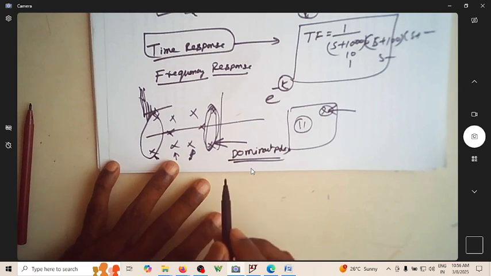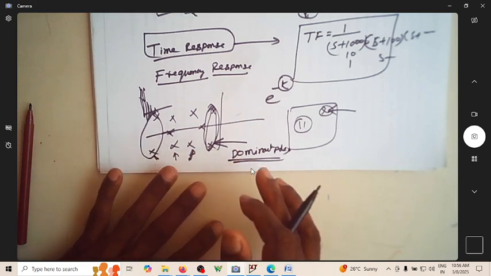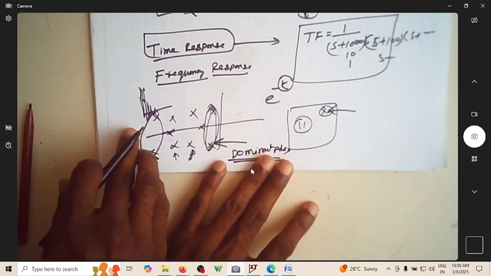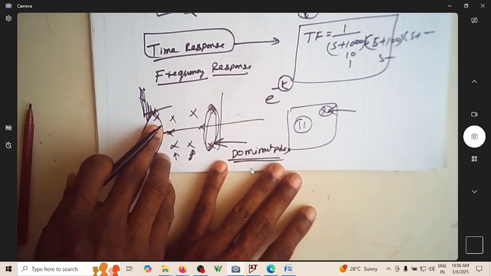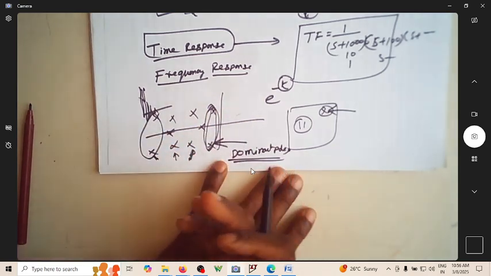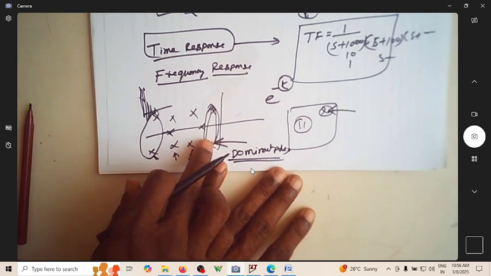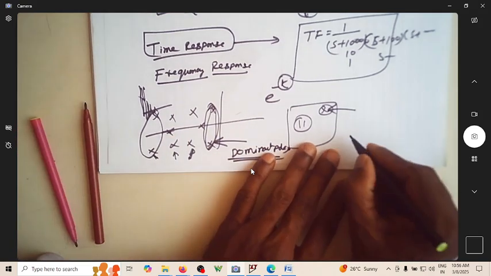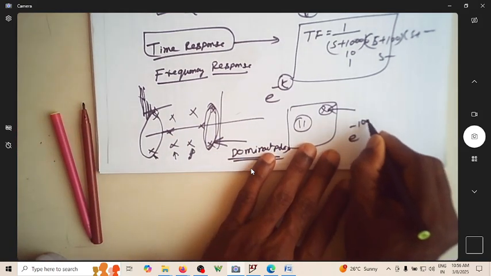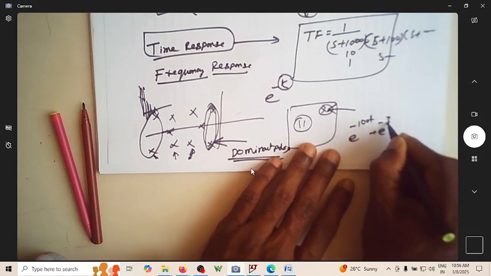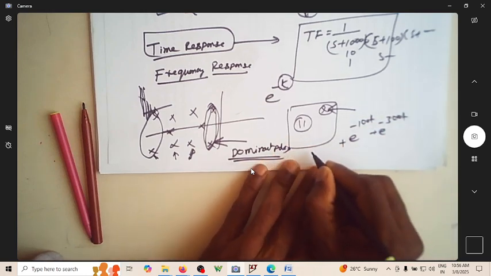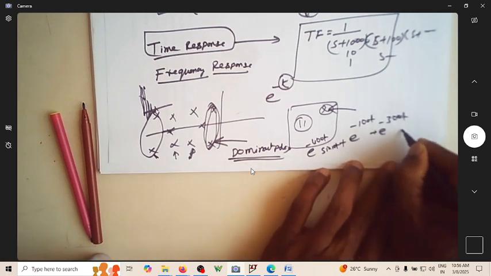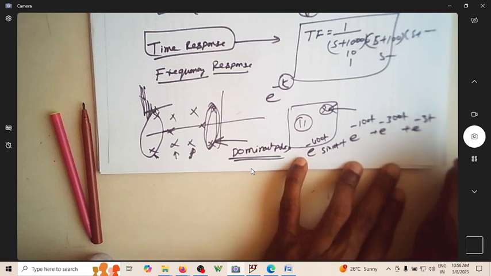So now, assume that if these poles' contribution is negligible, I will not consider it. Even though that is important, the contribution of this pole's response is very important compared to all this. It's like having e power minus 100t plus e power minus 300t and e power minus 400t and sine 10t and e power minus 3t.